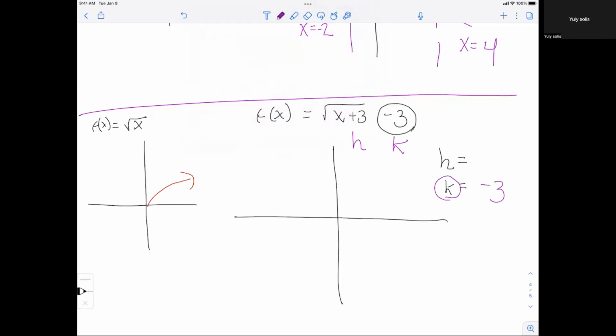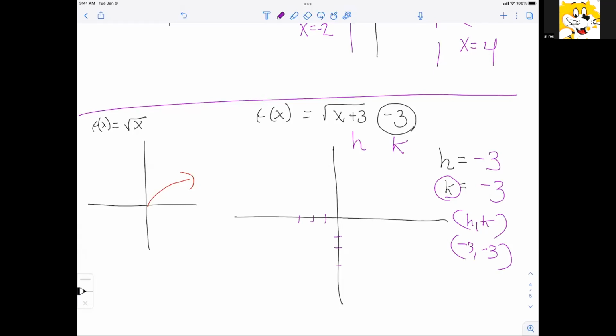And what would I put for h? I take the opposite value, which is -3. There you go. So my starting point for h and k is going to be -3, -3. So it'd be 1, 2, 3, 1, 2, 3.